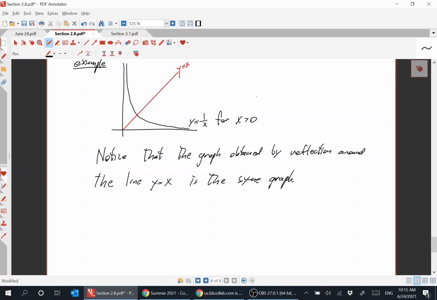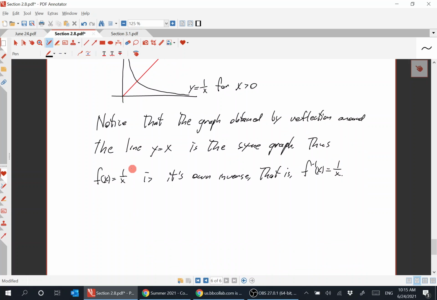Thus, f of x equal to 1 over x is its own inverse. That is, f inverse of x is again 1 over x. And we see that the composition of the two functions gives you the identity function.